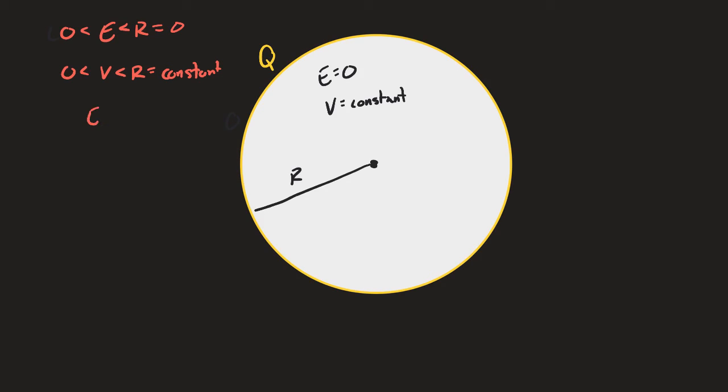But the electric field for any point that's greater than R is going to be kQ over R squared, right? It's an inverse square reduction, while the electric potential outside will be kQ over R. So one tapers off at a greater rate than the other.